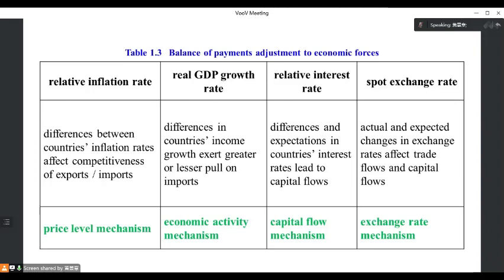When the current exchange rate changes, it will influence one country's export and import, and also influence capital flows from one country to another.